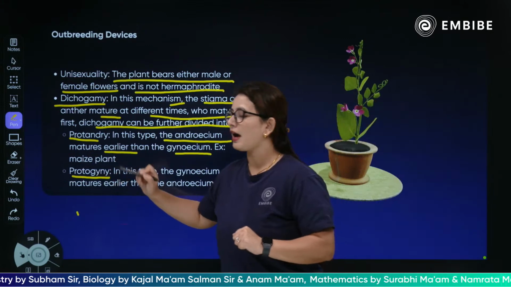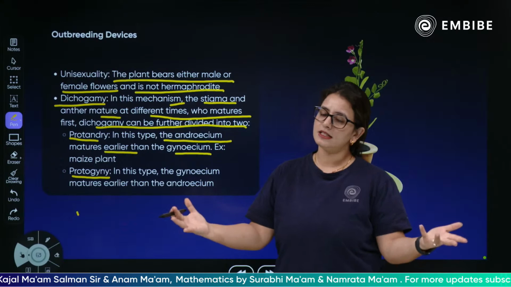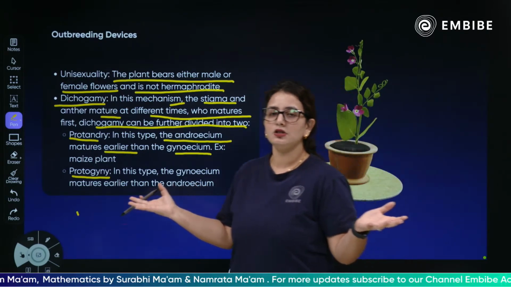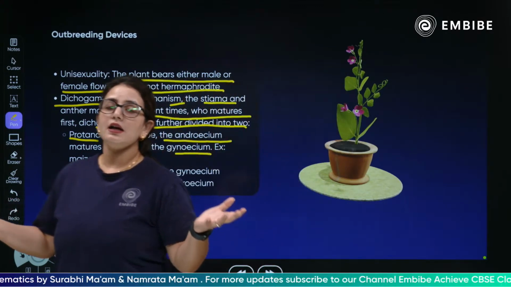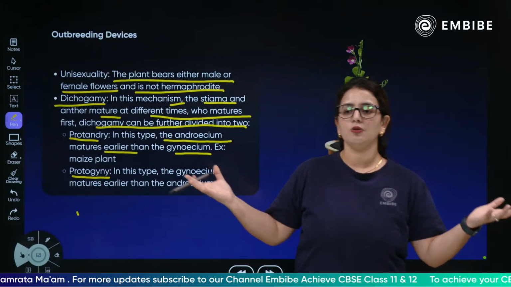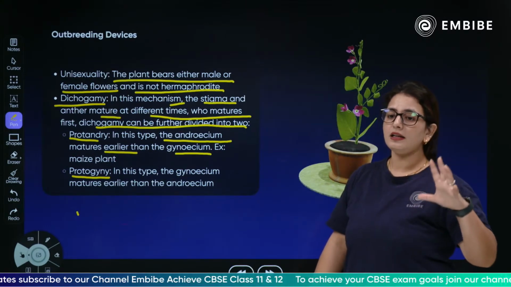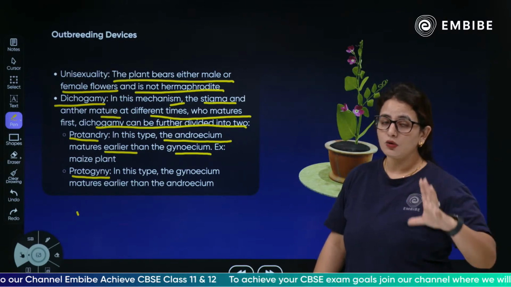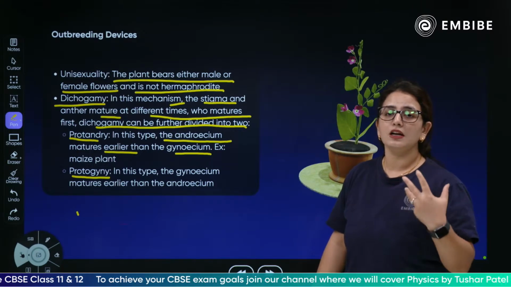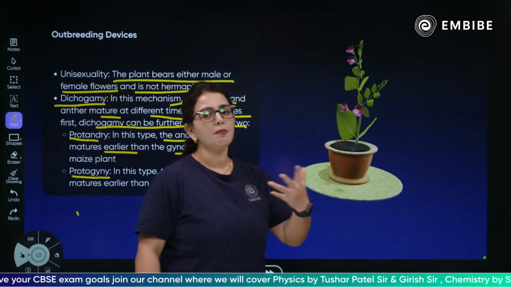Next, we have protogyny. What is happening in protogyny? The gynoecium is going to mature first, but the anther is not ready to germinate on the stigma. Here the whole gynoecium is receptive, but the pollen grains are not mature enough to pollinate, or to lead to the formation of the male gamete.